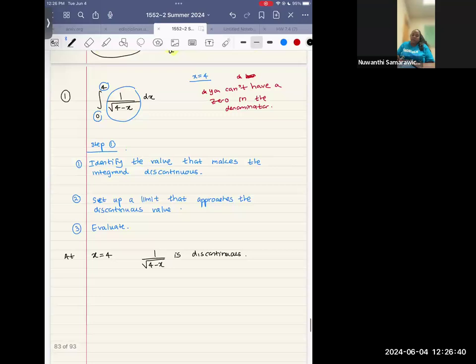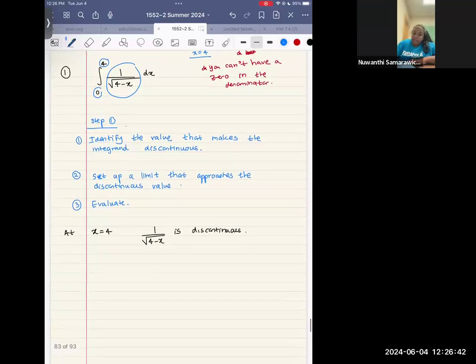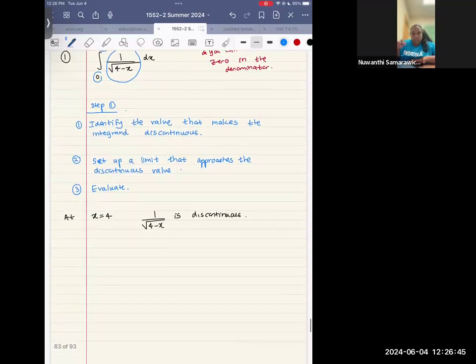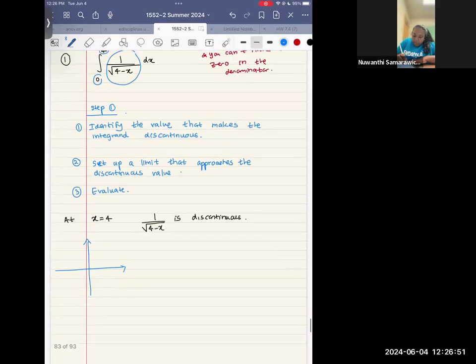Okay, so now let's write this as a limit. If we draw, this is equal to 4, so your graph will look like this. Integral means you have to find the area of this part.